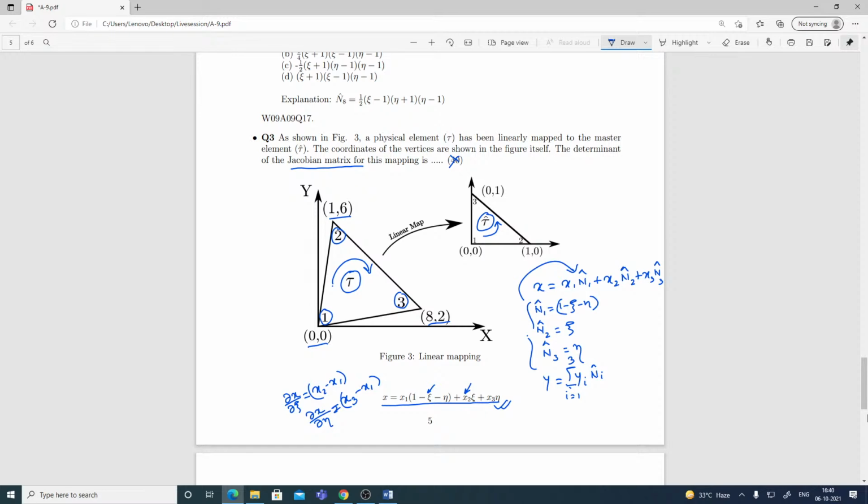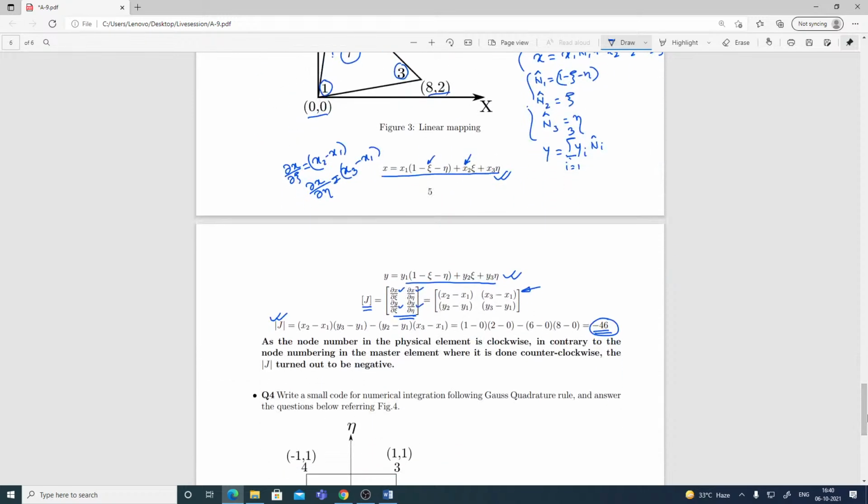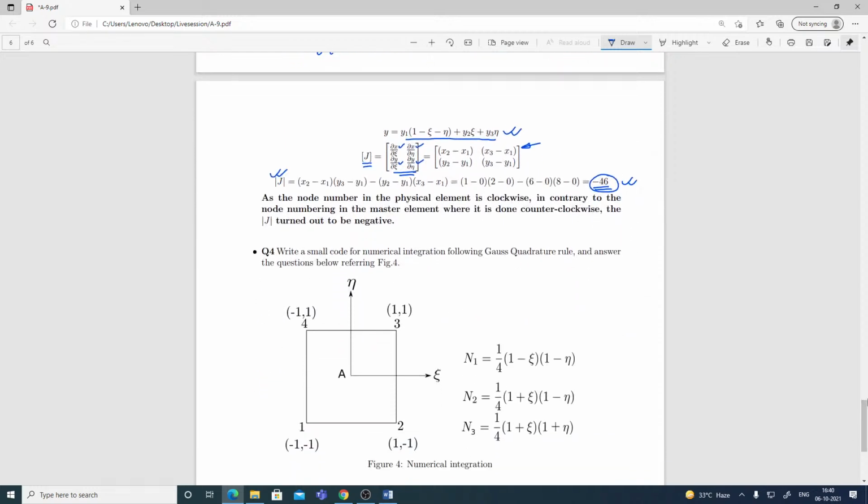Once we get the mesh from the software or maybe from your own code, you should ensure that your node numbering is done in the anti-clockwise direction. That's why this problem has been given. You need to avoid this. Your determinant should always be positive, because if you remember, I said that it is the ratio of two lengths in the 1D case. Here it is basically the ratio of two areas, so that cannot be negative.